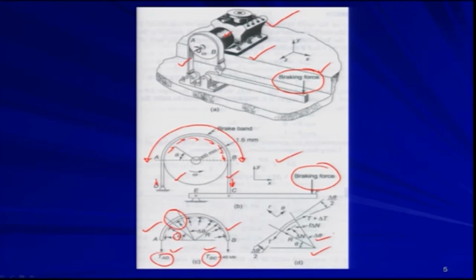On this side, suppose at this point we have T_AD, and here we have T_BC. Why are we calling it T_BC? Because this is the part AD and this is the part BC. Therefore, T_AD is not equal to T_BC.